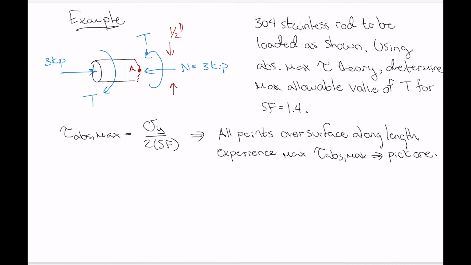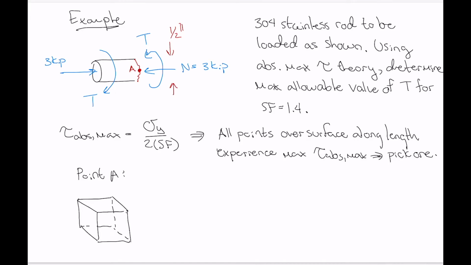So let's draw our volumetric element now for point A. So what our volumetric element will look like is something like this. There we go.